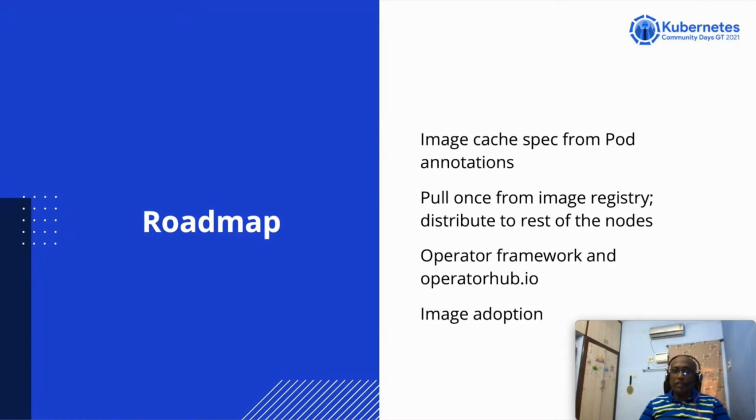And another feature that we are contemplating is how we can optimize or bring in more efficiency in pulling images to the cache. So rather than pulling the images from each and every node, we are thinking how we can optimize it by pulling it once from the image registry and then distributing it internally to the rest of the nodes.